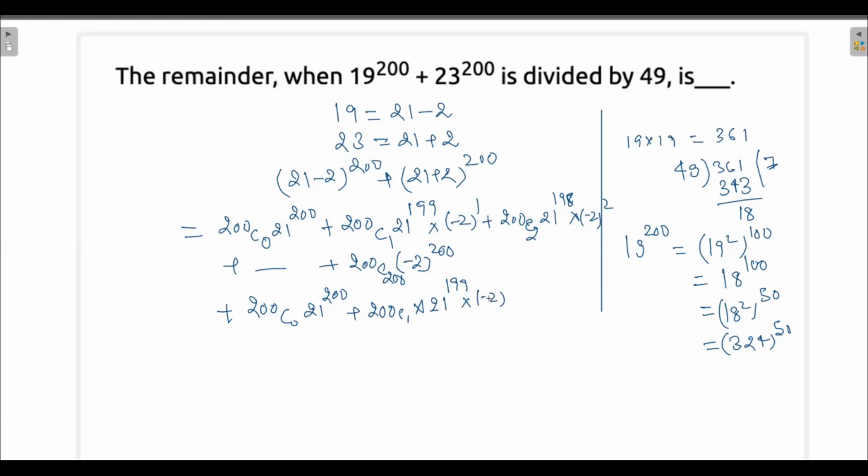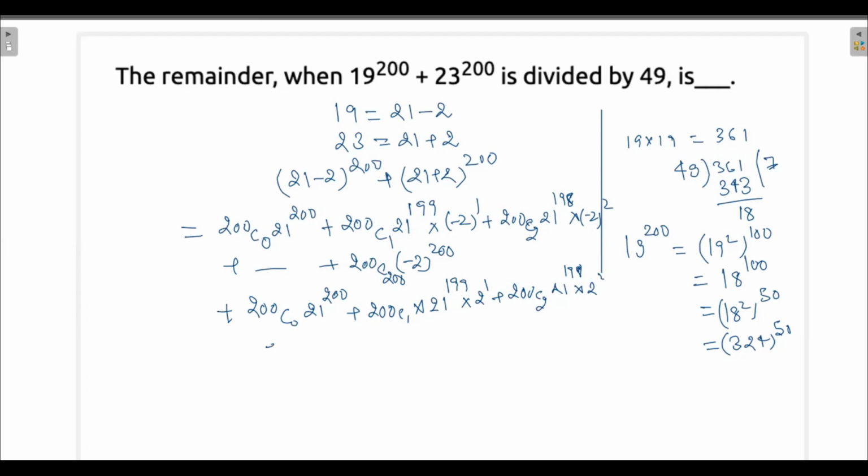Here it is plus 2, so I don't have to write minus 2, let's write just 2 raised to the power 1. And then let's write one more just like the other one, 200C2, and this will be 21 raised to the power 198 into 2 raised to the power 2, since it's actually plus 2 here.